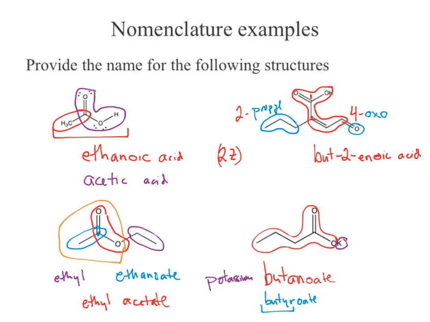But this butyr is the same idea, 4 carbons. Why they decided to use butyr, I don't know. But if that was an acid, it'd be butyric acid. Very rarely would you hear someone refer to it as butanoic acid.